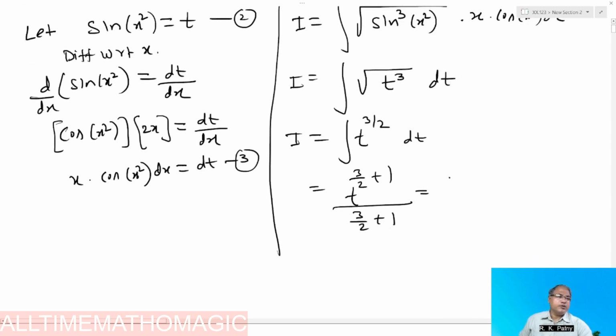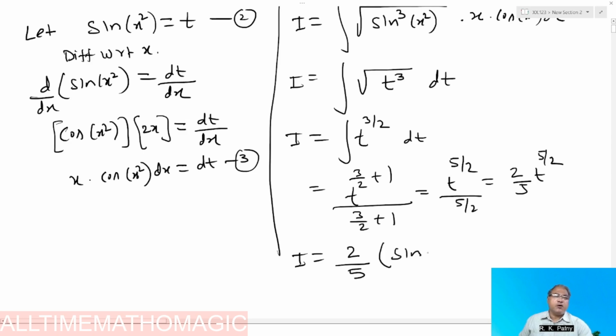So this is t raised to 5 by 2 upon 5 by 2, which equals 2 upon 5 t raised to 5 by 2. Therefore, I equals to 2 upon 5, and what is the t value? T is nothing but sin of x square, whole raised to 5 by 2, plus c. This is the required answer.